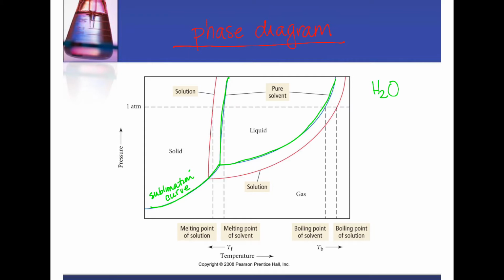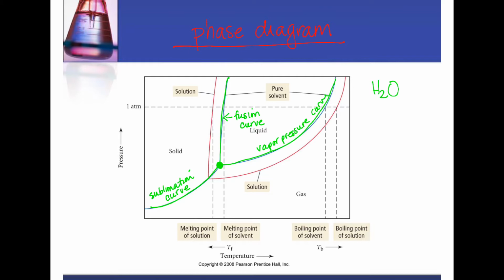Okay. This is the vapor pressure curve. And this one here is called the fusion curve. Something that isn't real important to our conversation here, but a point that we learned about is this point that meets all of them. That's called the triple point.